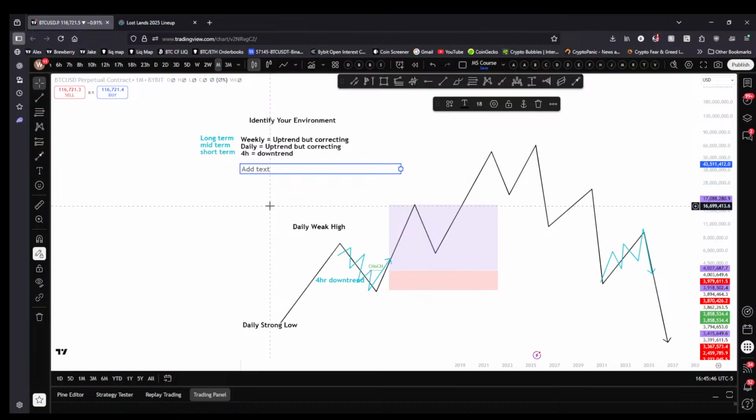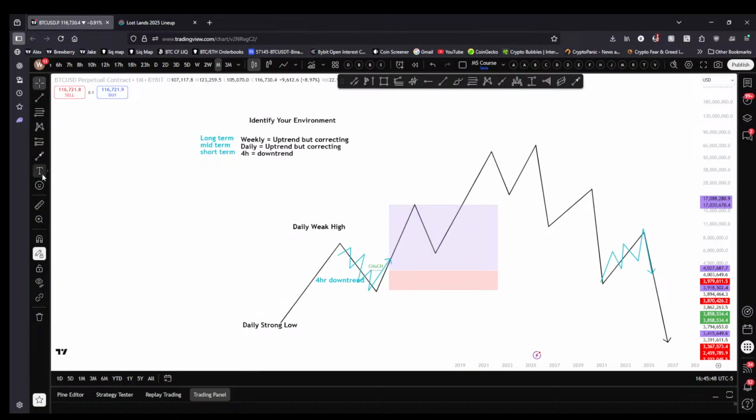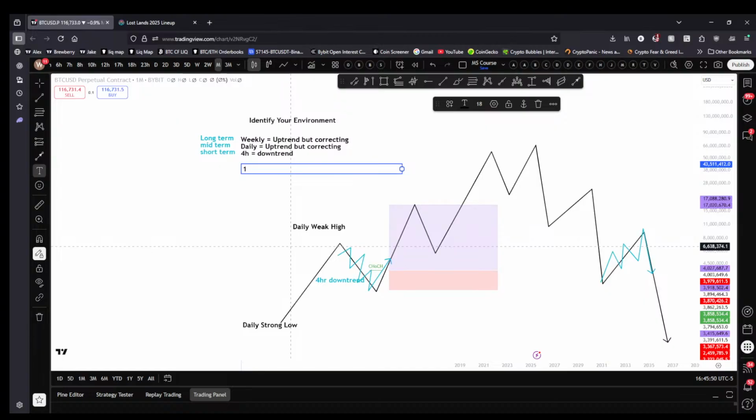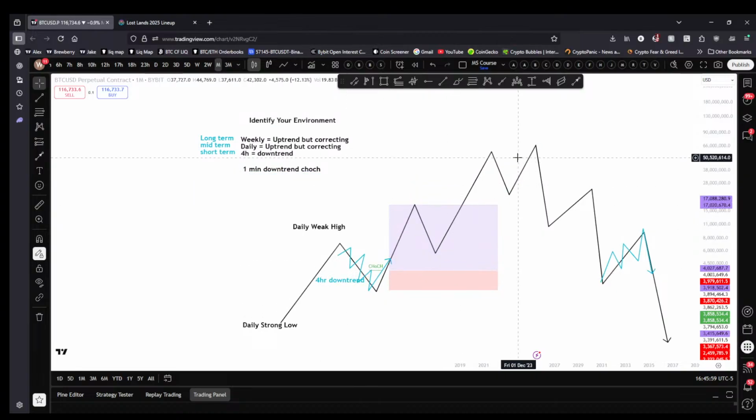Obviously, the highest risk to reward would be if you manage to catch the 1 minute downtrend change of character that ends up being the actual 1 minute downtrend change of character that results in this. Right? That would be insane. Then your risk to reward is going to be like 5,000 or something, right? So obviously you can front run higher structure with lower time frame structure, and that reduces your stop loss.